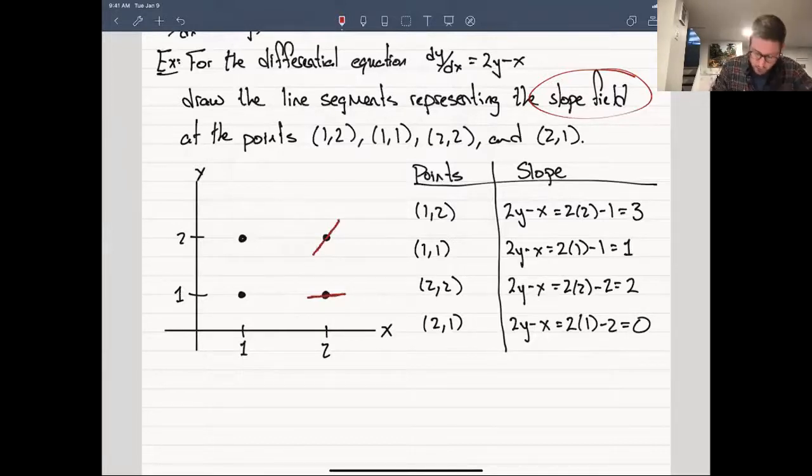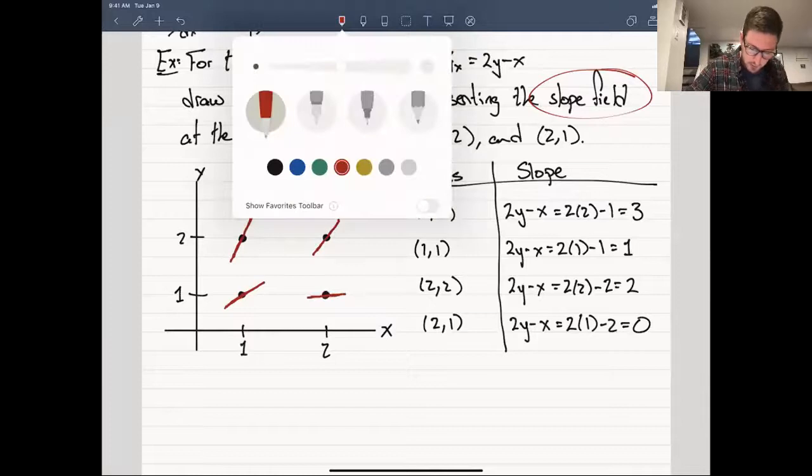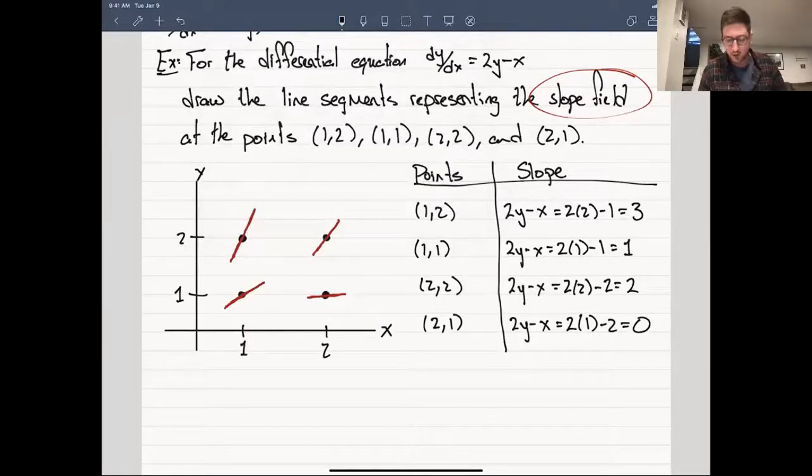At (1, 1), we've got a slope of 1, so this should be a perfect 45-degree angle. And finally, at (1, 2), we've got a really steep one of 3. The point with the pictures is just that at (1, 2), it's steeper than at (2, 2). That's all I'm trying to emphasize with this.